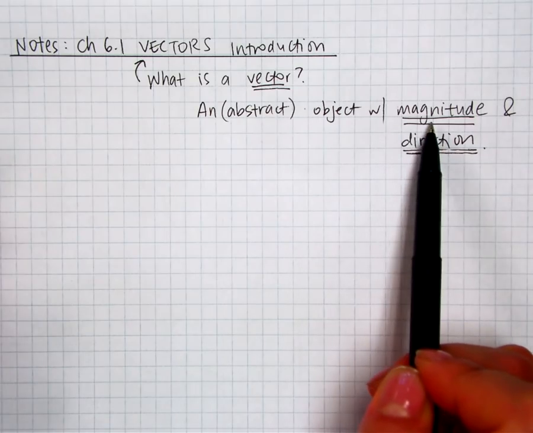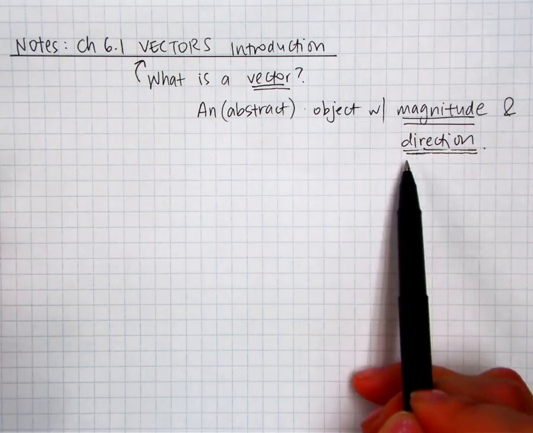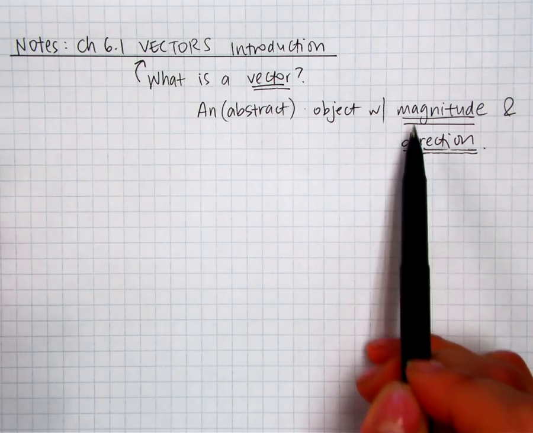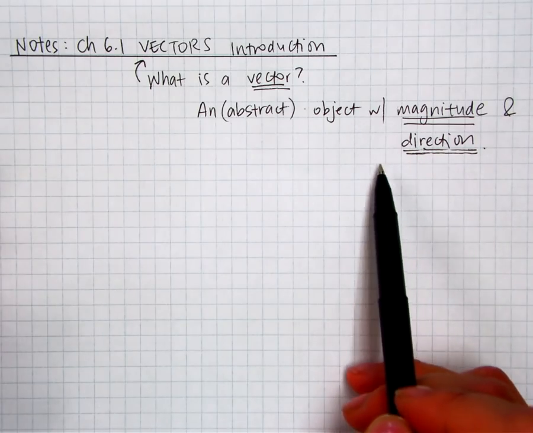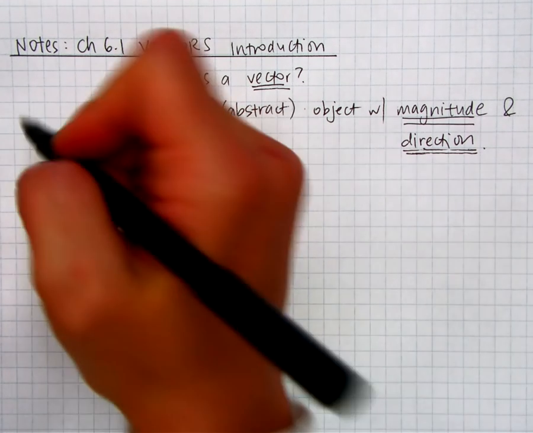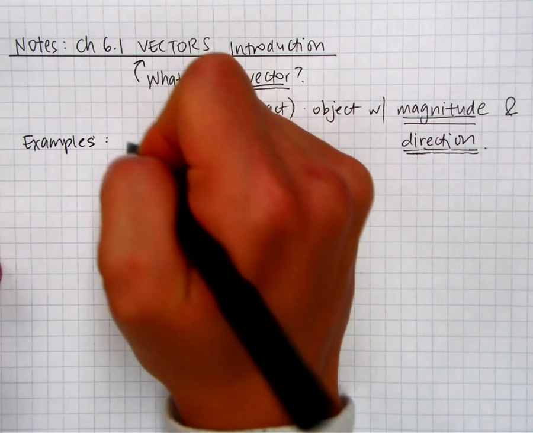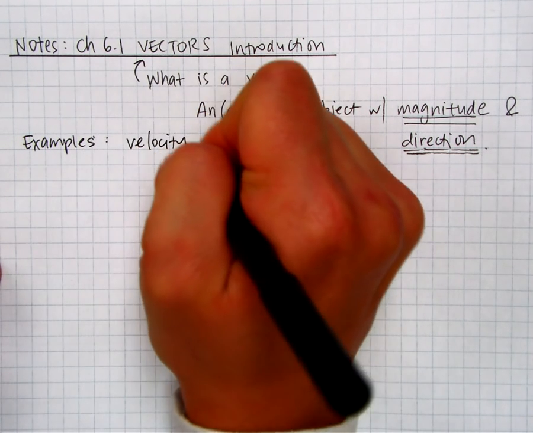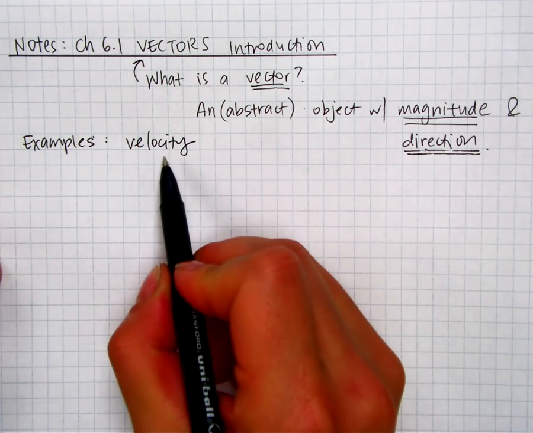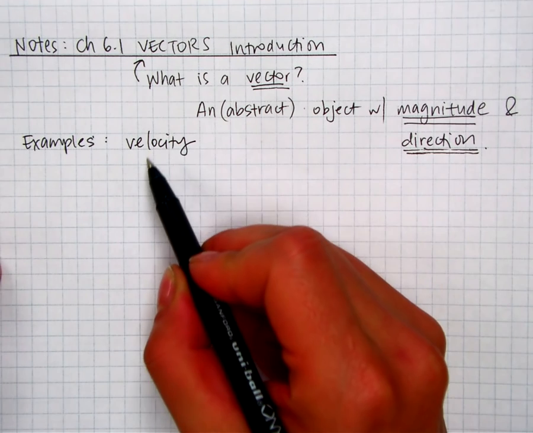Now, what is this object? A vector always has a magnitude and direction, and those are the two key components that make a vector. Examples of vectors are velocity, for example. Velocity has a speed, which is the magnitude, some sort of number value.